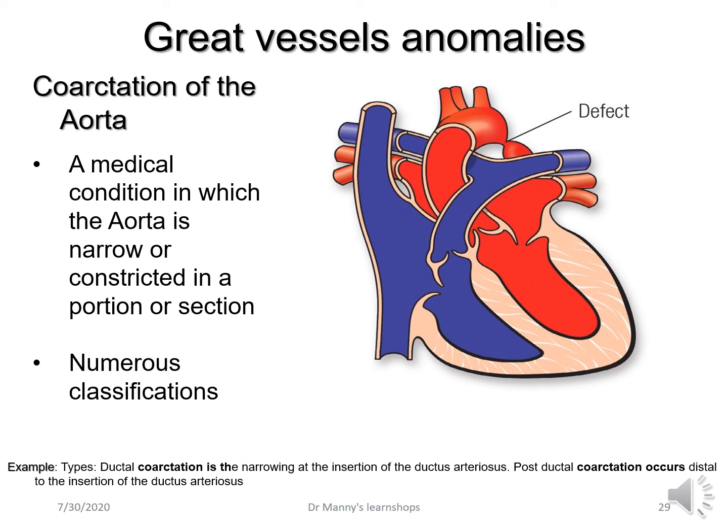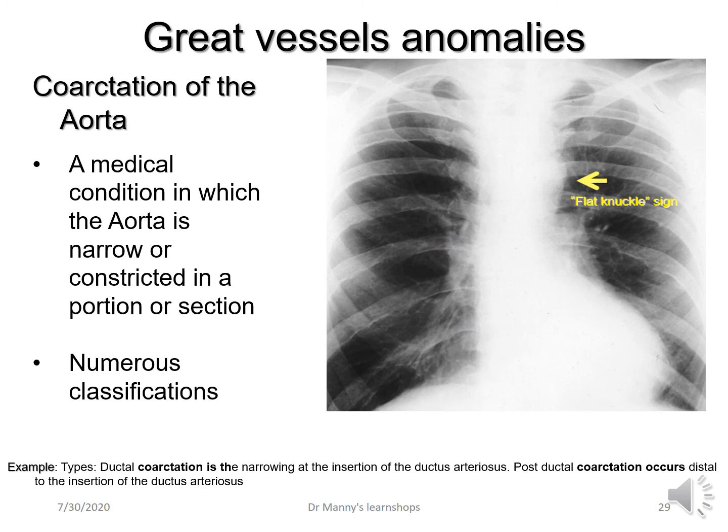Let's look at coarctation of the aorta, which is a medical condition where the aorta is narrow or constricted in a portion, and again there are numerous types of classifications. However, the anomaly is in the aorta. On chest X-ray, there are numerous signs that can be employed. For example, the aortic arch, the knuckle, the knob isn't really visible, and it may be seen as being flat.